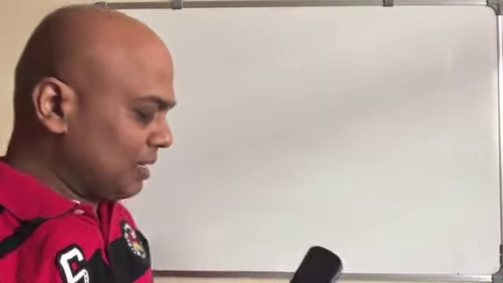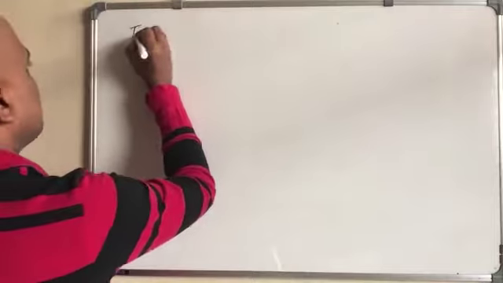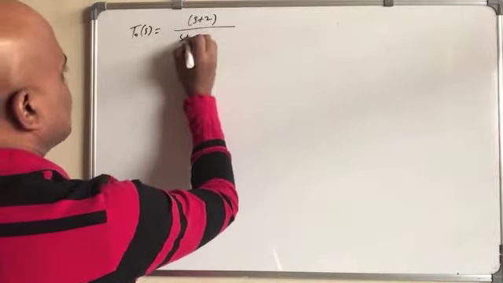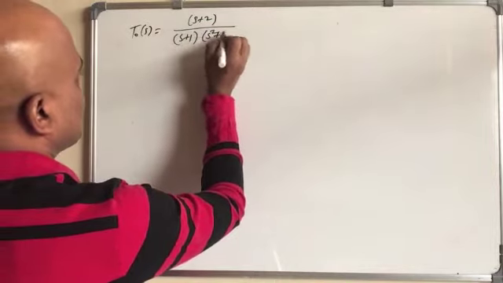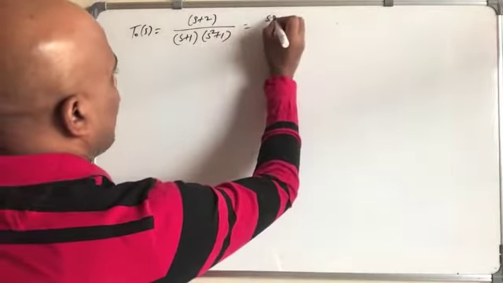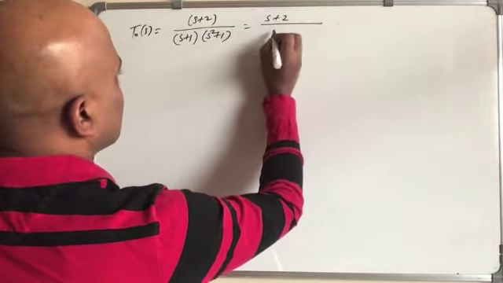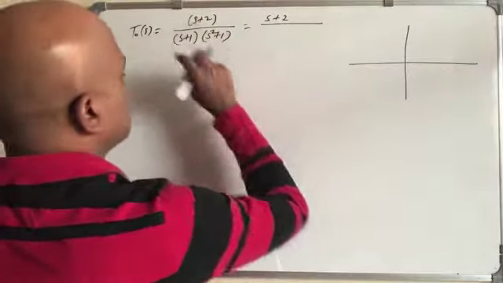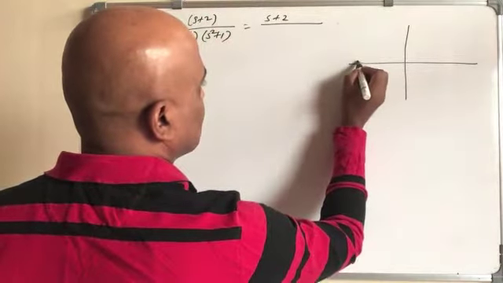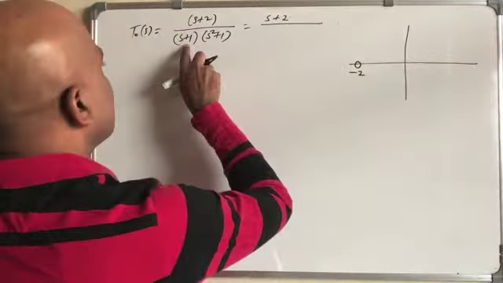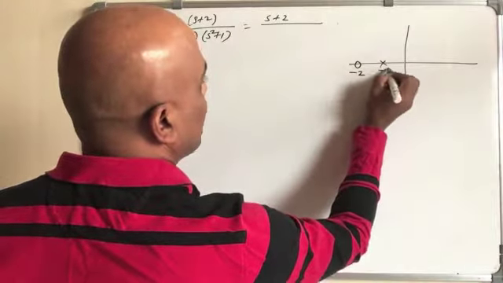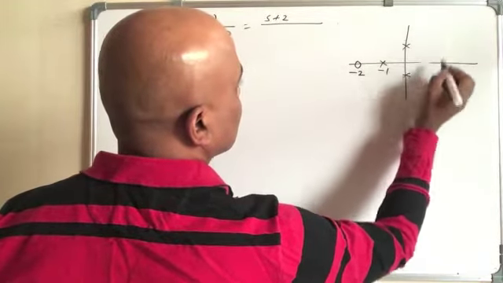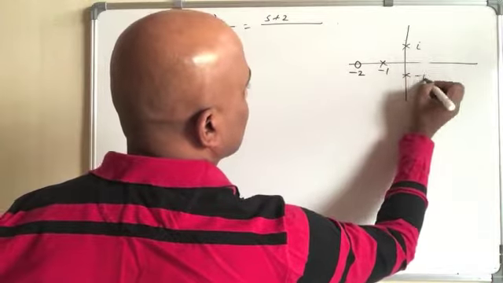Let's take the example of T naught s equal to s plus 2 over s plus 1, then s square plus 1. First of all we can just plot it, and s plus 2 is the 0 here, so minus 2 here, here we have the cross at minus 1, and then we have here also, so this is i, this is minus i.